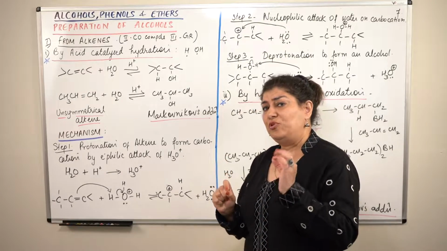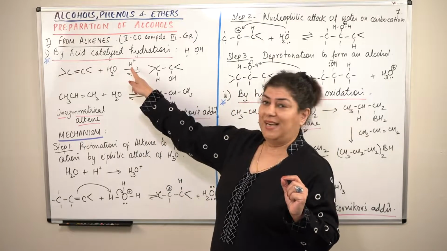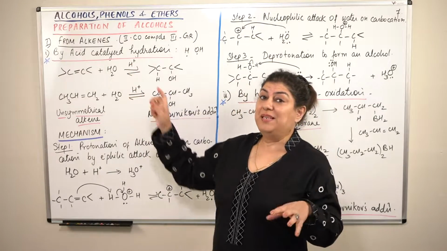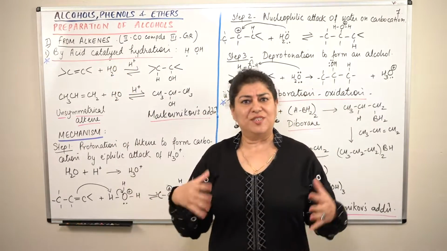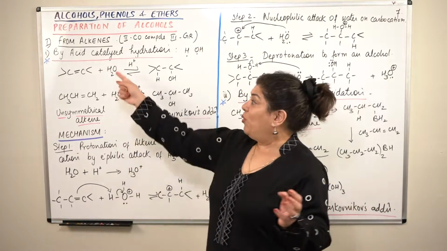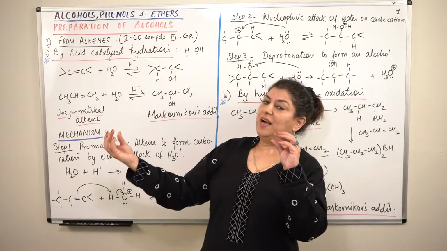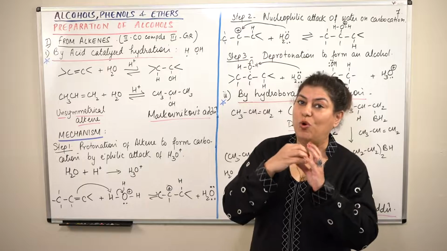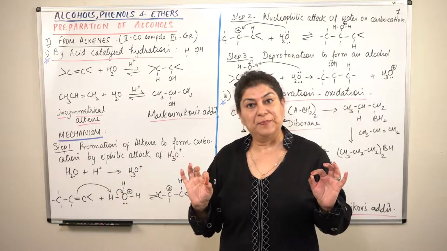But before the protonation takes place, where is the proton coming from? The acid, right? But is the acid directly going to react? Then what about the water, which is the reactant? The proton comes and attaches itself to the water molecule to form hydronium ion, H3O positive ion.